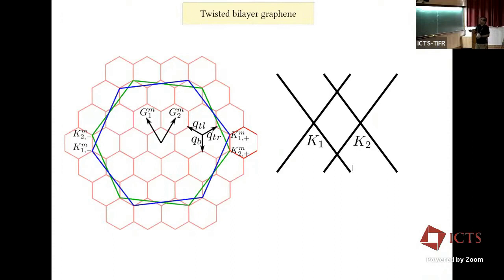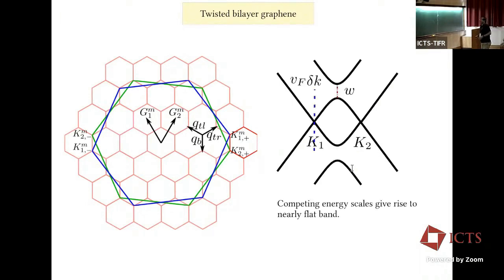Okay, so if we forget about the interlayer tunneling, one can think of these two, K and K prime, as both coming from one of the valleys of the graphene, and these are the two Dirac nodes. In presence of interlayer tunneling, these Dirac nodes will open a gap at a slightly larger energy away from the Dirac nodes.